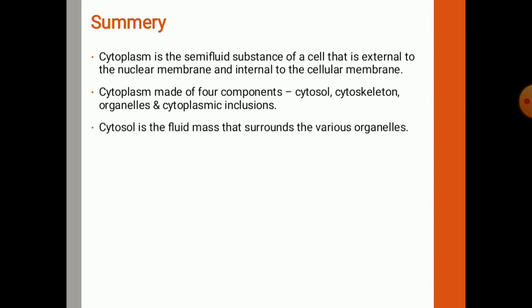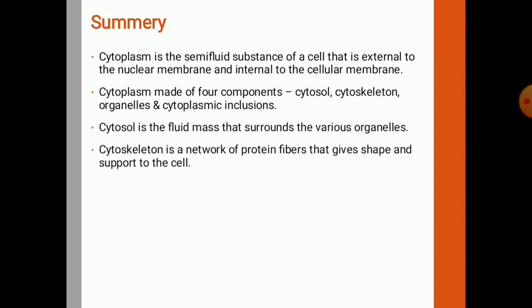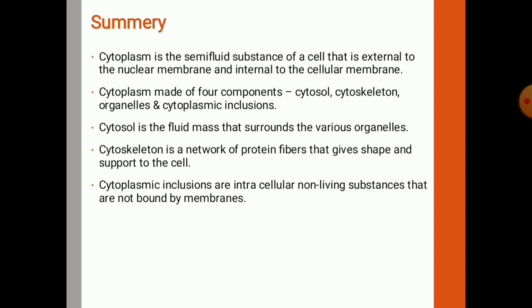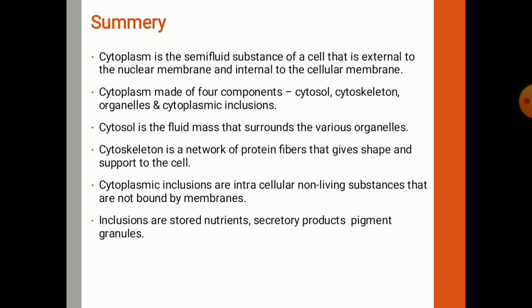So, cytosol is the fluid content which is present in the cell. Cytoskeleton is the network of protein fibers. It gives the shape and support to the cell. Cytoplasmic inclusions are the intracellular non-living substances and are not bounded with any membrane. And inclusions are simply stored nutrients, secretory products and pigment granules.